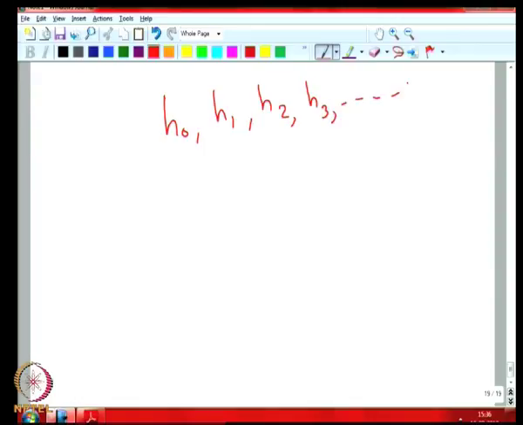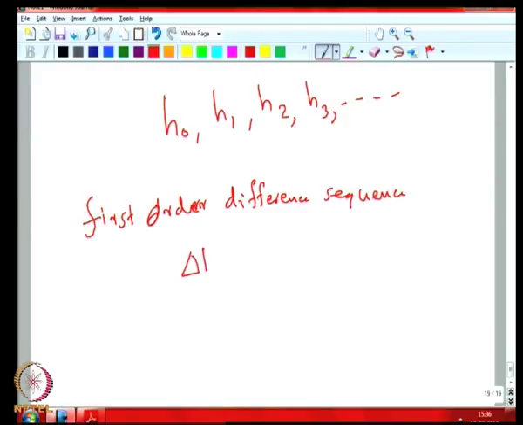Now we will say that the first order difference sequence for this given sequence H0, H1, H2, H3 is given by delta of H0, delta of H1, delta of H2, delta of H3, and so on, where delta of H0 is H1 minus H0.